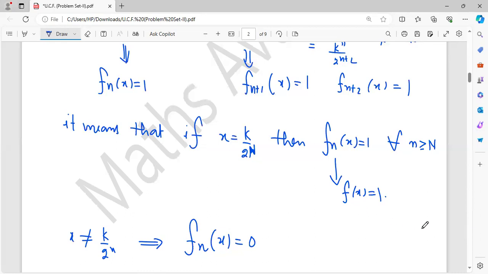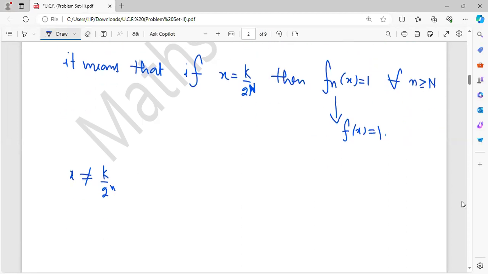Suppose my x is not of this form. So it cannot be of any form. This implies x cannot be of the form k dash by 2 to the power n for all n greater than capital N.